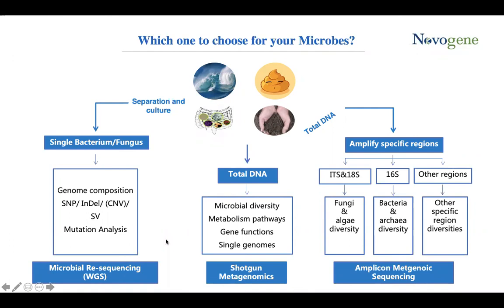And another one is, in your experience, in the case of bacteria, what region is best for diversity analysis, V3, V4, or V5, as in the case of fungi, ITS or ITS1? Yeah, this is a very good question.